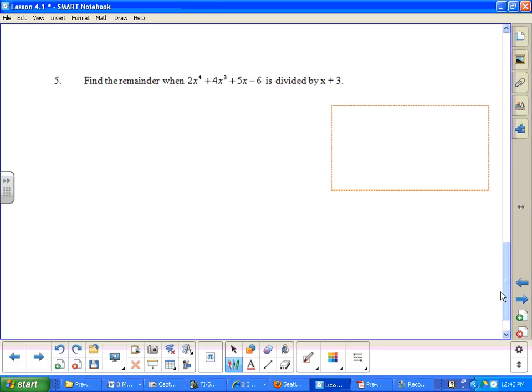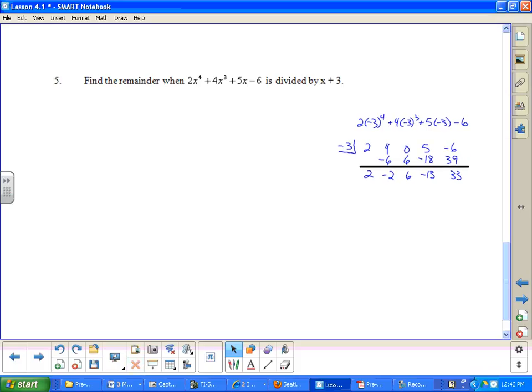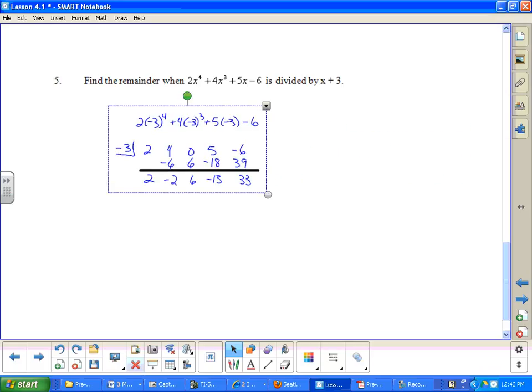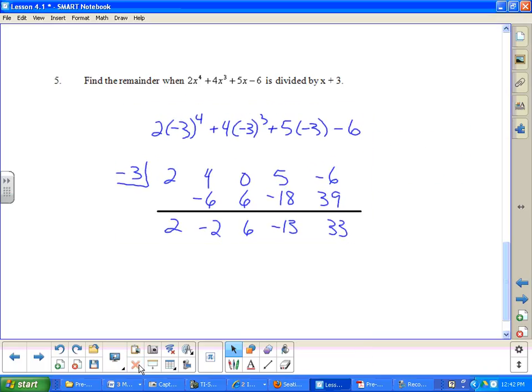All right, so number 5 then, that was the one you had to do last night, right? Okay. So I could do it 2 different ways. I could do it by plugging in negative 3, the opposite, what the 0 would be from x plus 3.